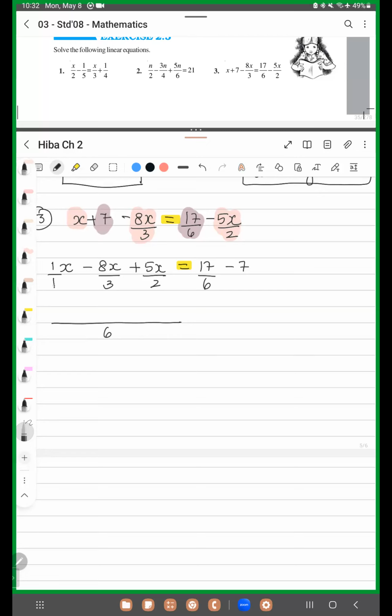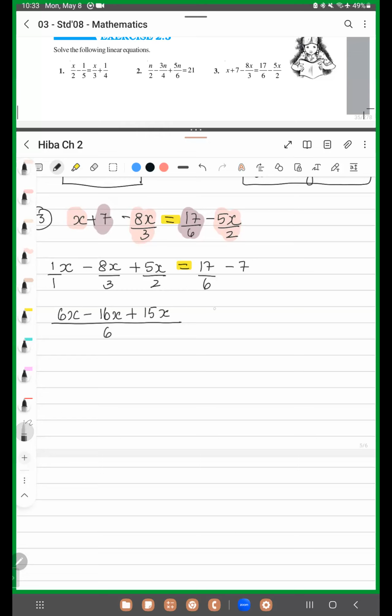Then I think it will be 6x minus 16x, yes, 6x minus 16x plus 10x. Not 10. 2 into 3 is 6, right? So what is 5 into 3? 15x. यहाँ तक क्लियर हुआ आपको? Yeah.